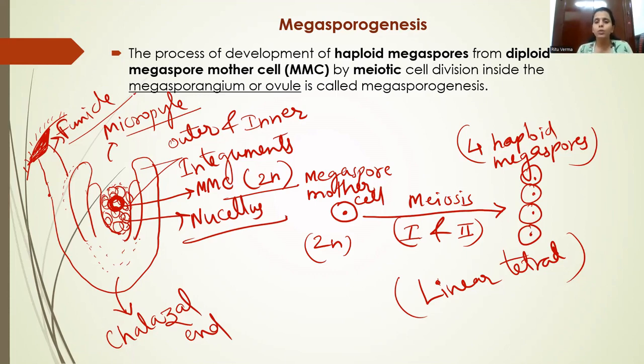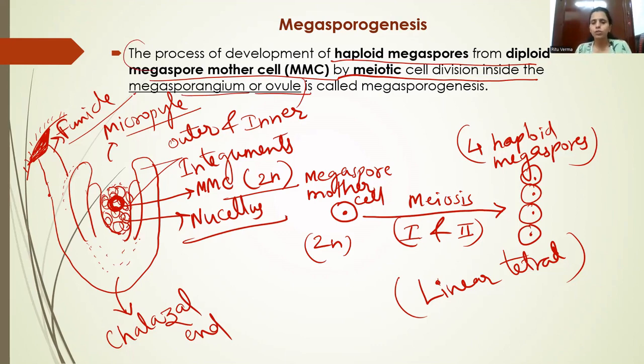This process is known as megasporogenesis. Megasporogenesis is the process of formation or development of haploid megaspores from a diploid megaspore mother cell by meiotic cell division inside the megasporangium or ovule. They might ask a one mark question: where does this megasporogenesis process occur in the plant?